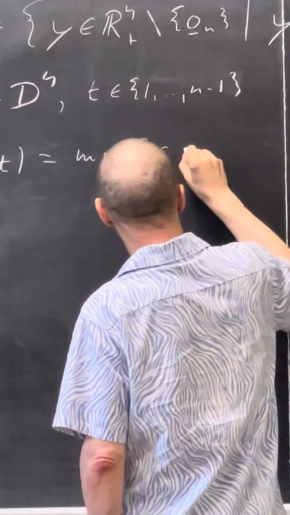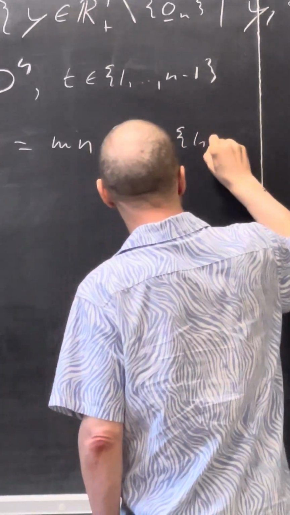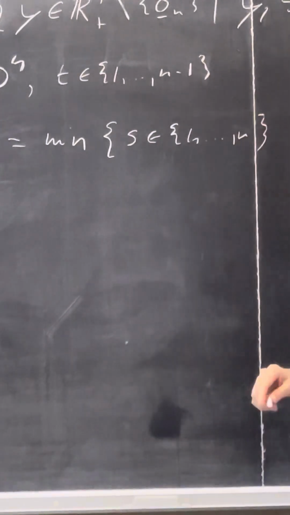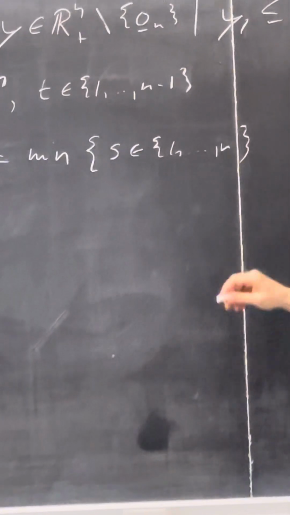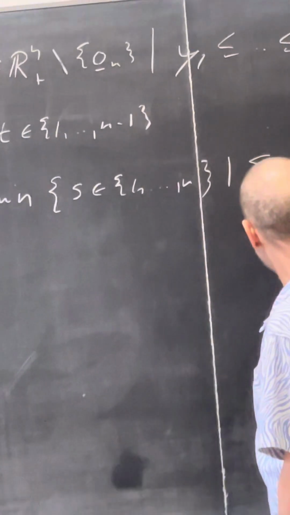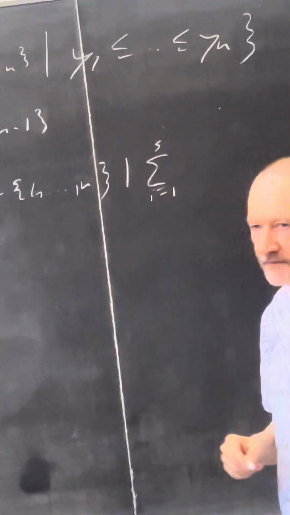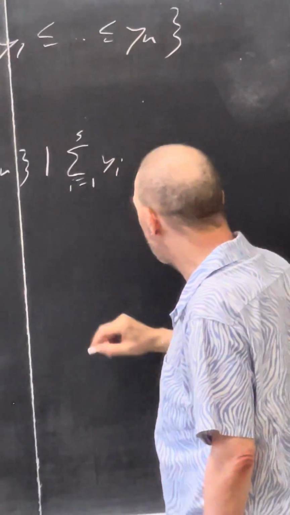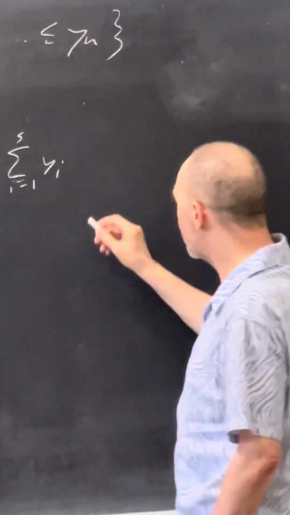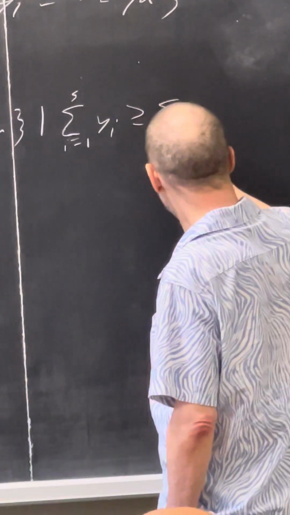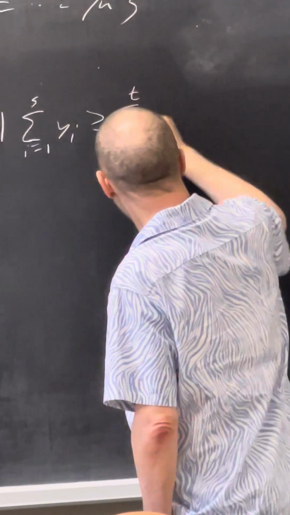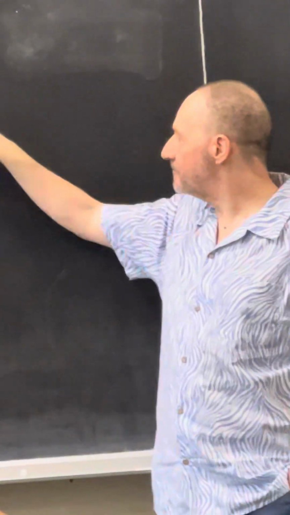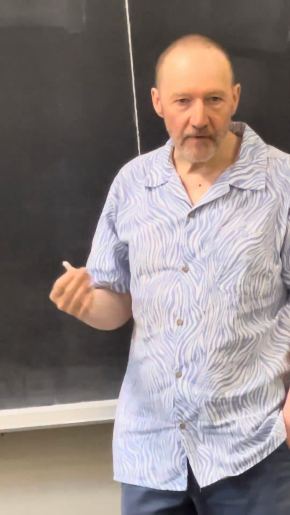So that's the minimal number of individuals from 1 to n, such that if we look at the aggregate wealth of the s lowest wealth people, the sum of the yi from 1 to s, we get at least as much as the aggregate wealth of the t wealthiest.